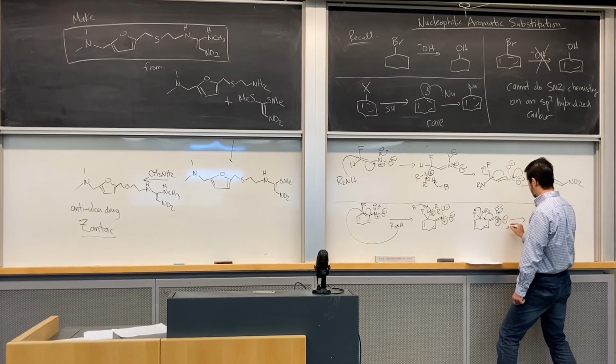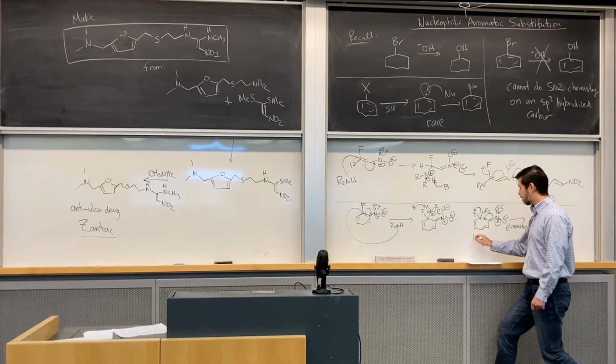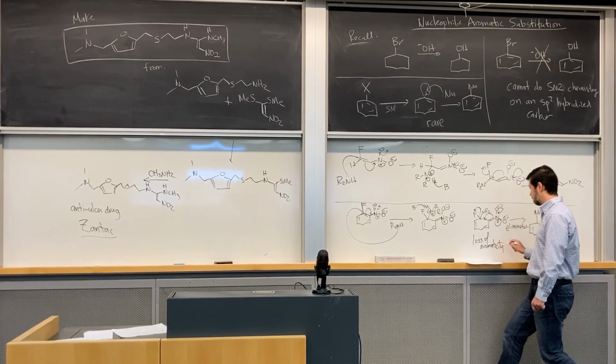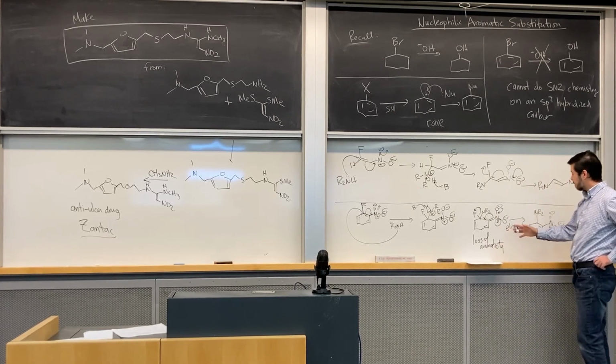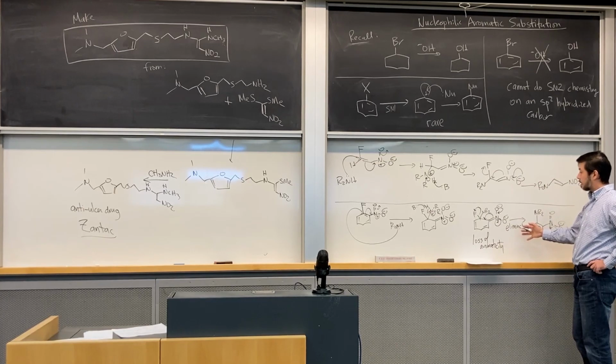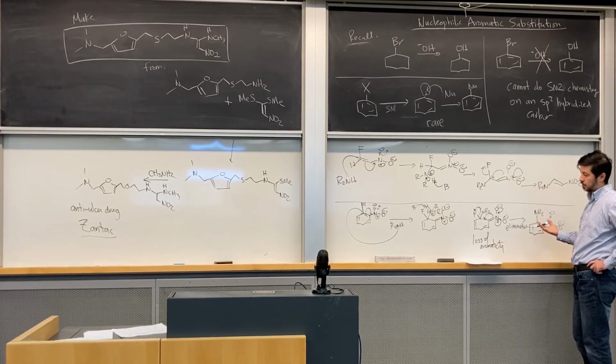So this is elimination. And really, what happens here is you have, as I mentioned, loss of aromaticity. So the real driving force to letting go of that F is elimination, so you can re-aromatize. The electrons from the ring must be able to delocalize onto the electron withdrawing group.